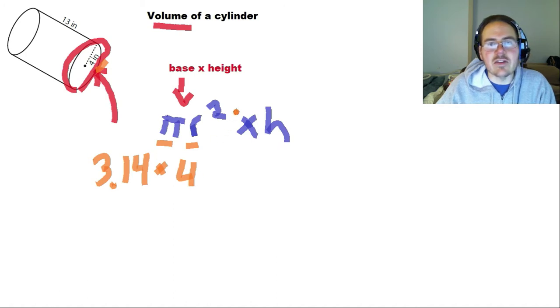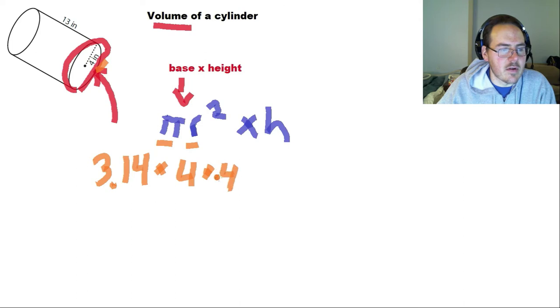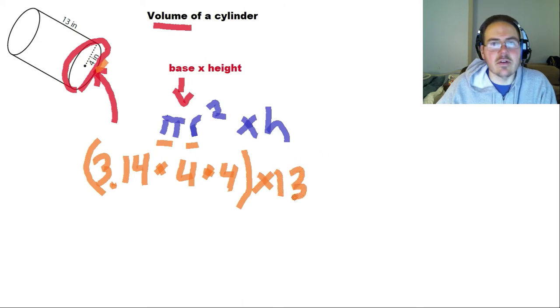But it's the radius squared, so we need to do it twice. So 3.14 times 4 times 4. So we'll do all that first. And then we'll just multiply that product by 13, because that's the height of the cylinder. That's it.